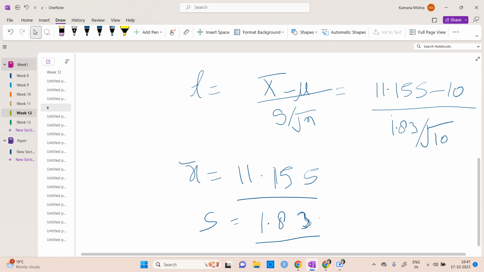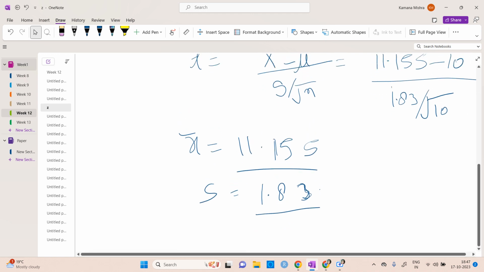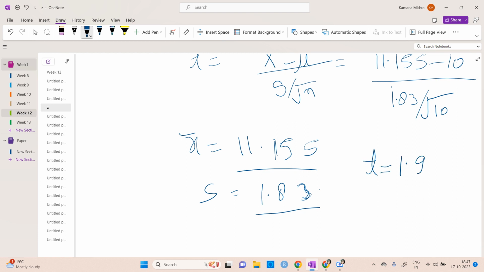It will be 1.155 divided by 1.83 by root 10. So this value is approximately 1.99. So the t we have found is approximately 1.99.